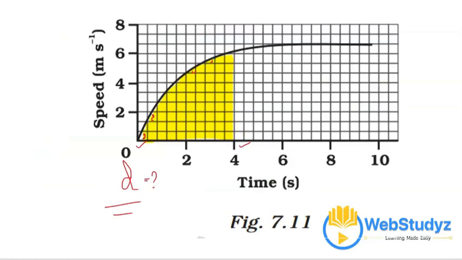It is clearly visible. Here we can see 1, 2, 3, 4 and 5. 5 squares display 2 seconds, whereas 1, 2 and 3 squares display speed of 2 meters per second.